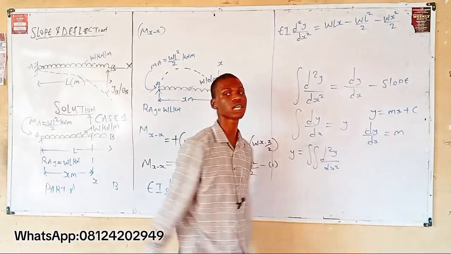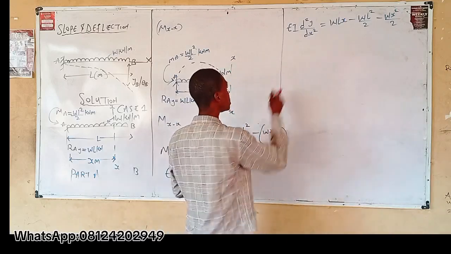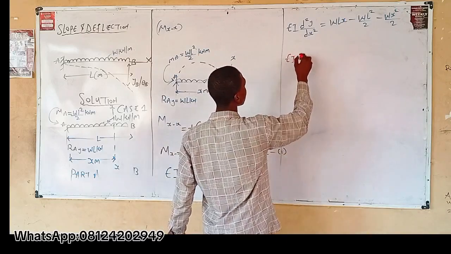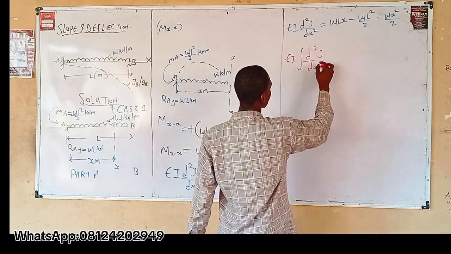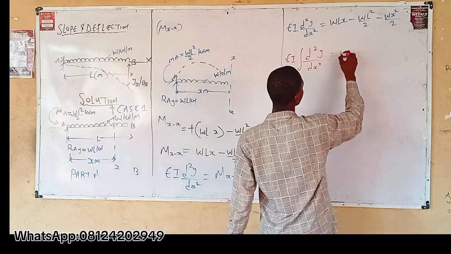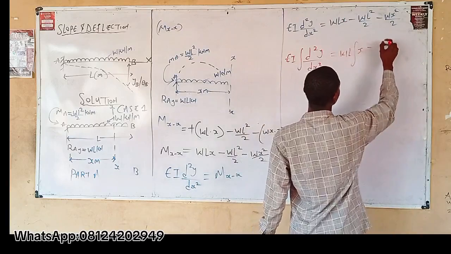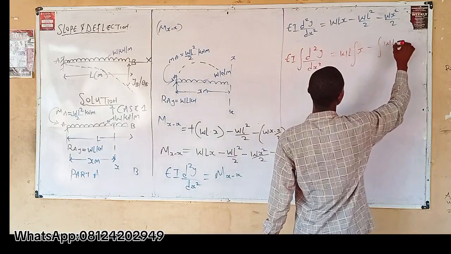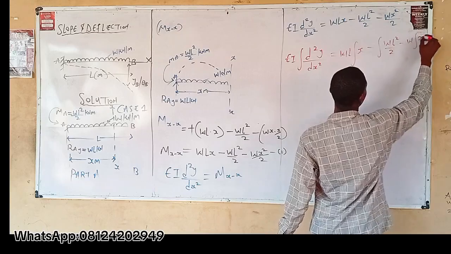Now let's integrate this. From here, EI is a constant. Don't forget, EI is a constant. So you have EI times the integral of d squared y over dx squared equals the integral of negative W, with WL and the other terms being constants on their own.